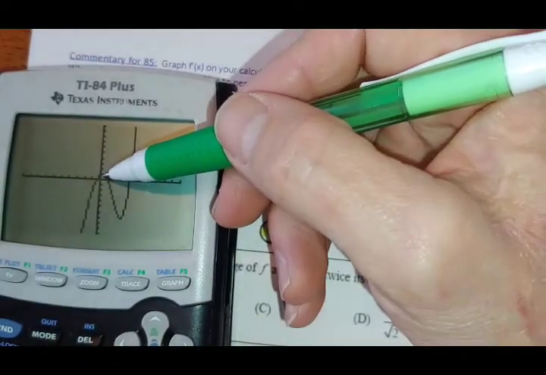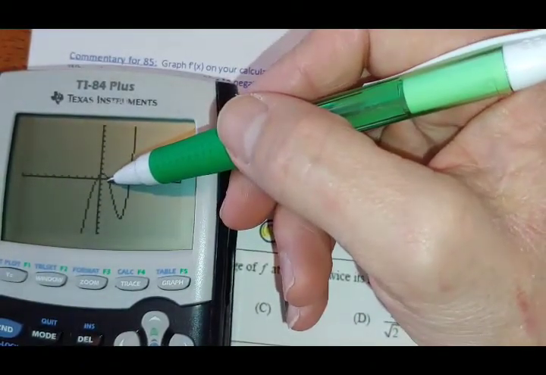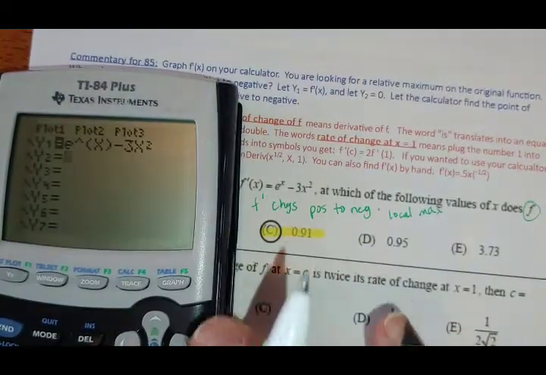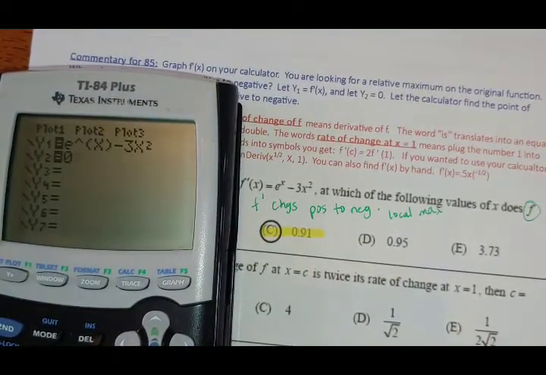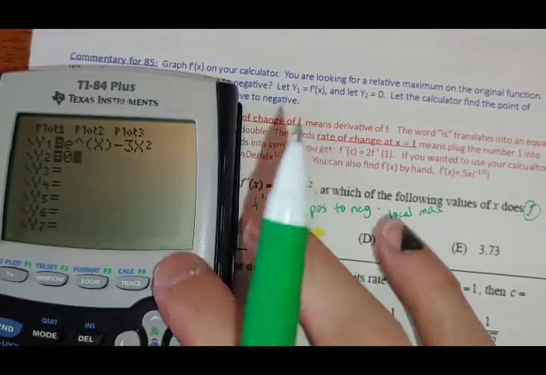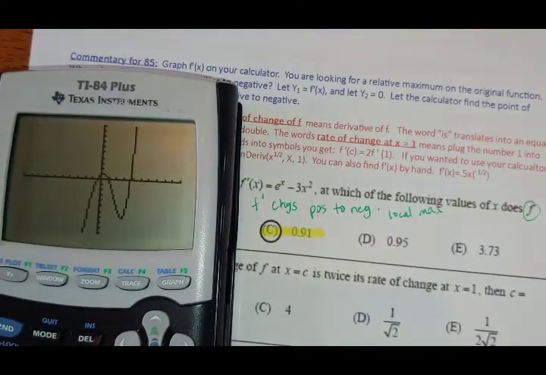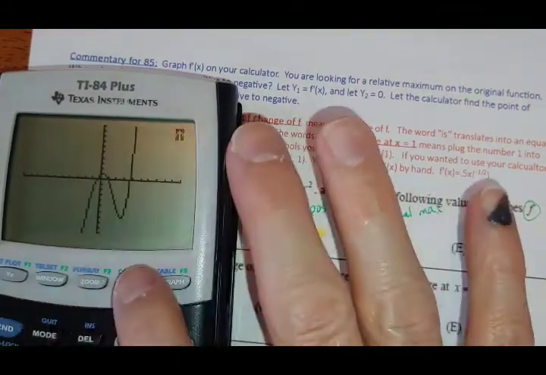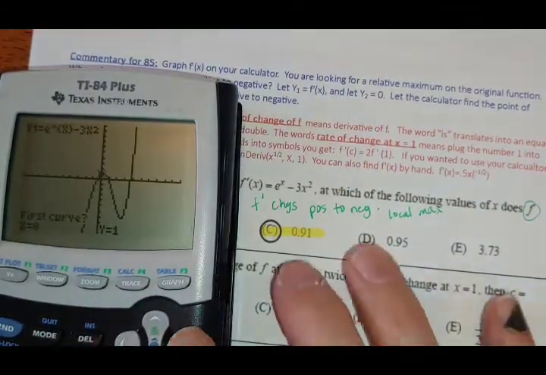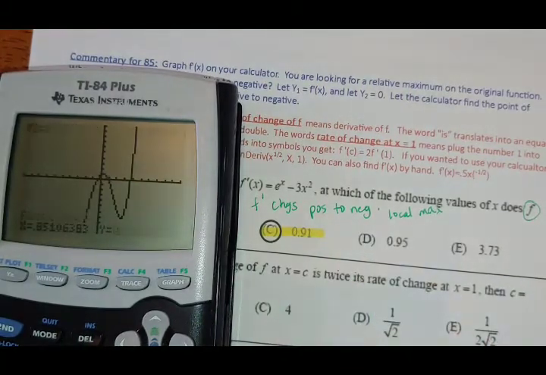I can see that the graph of f prime changes from positive to negative at this value. Just a reminder, I strongly encourage that you put in y equals 0 as the second function so that you don't have to left and right bound. Sometimes that causes a lot of problems for some students. So second calc 5, enter, enter, and we get 0.910, which is answer C.